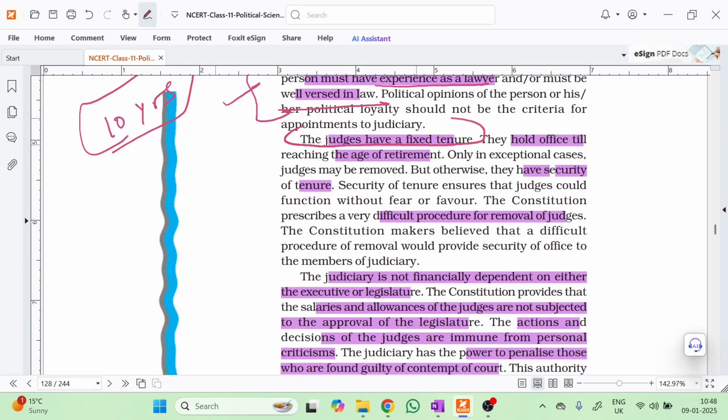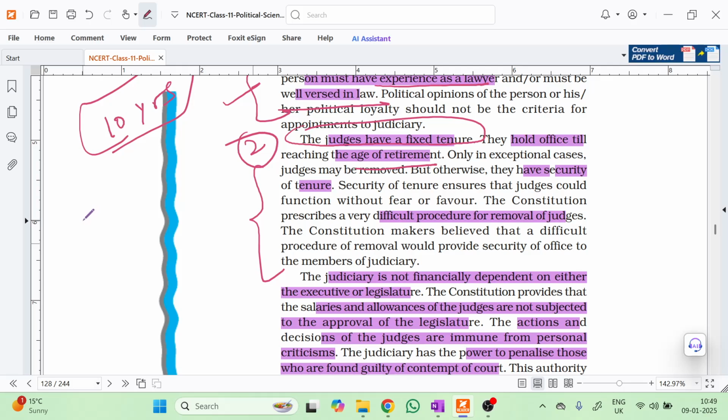Then the second aspect of independence of judiciary is that they have a fixed tenure. So they hold the office till the age of retirement. And it is not that they are free from impeachment or removal process. उनको भी हटाया जा सकता है, but the grounds of removal are strict.